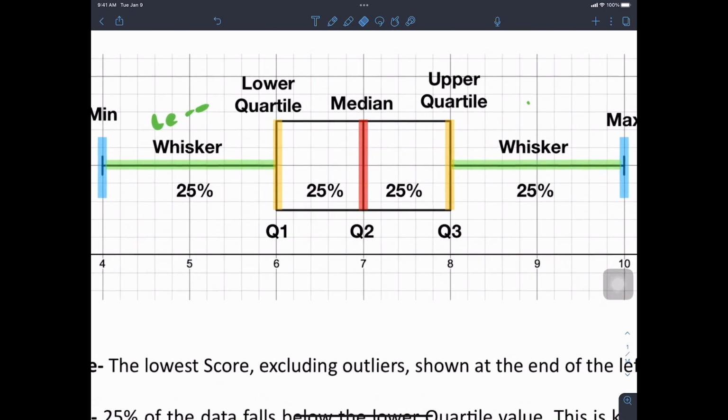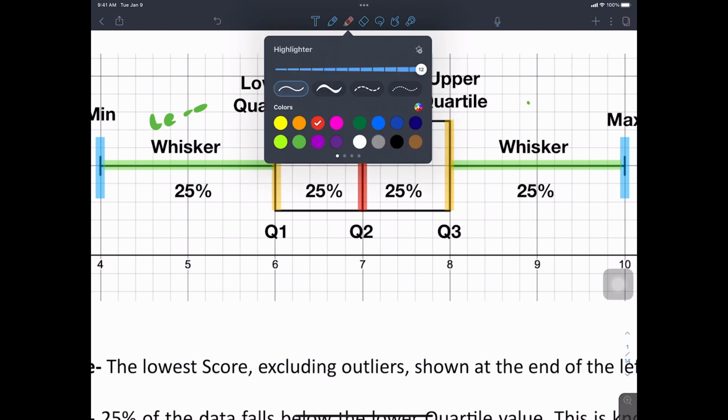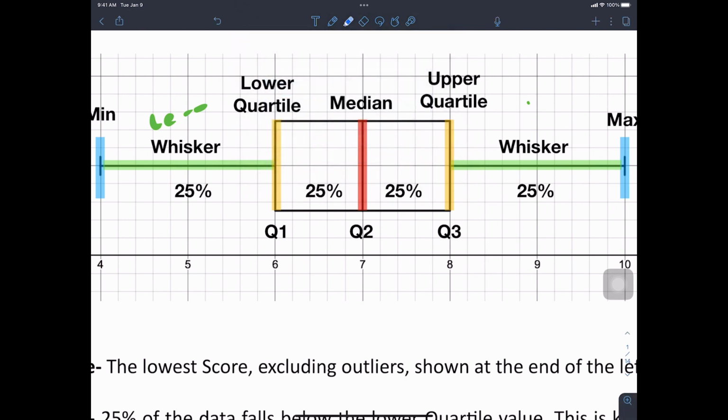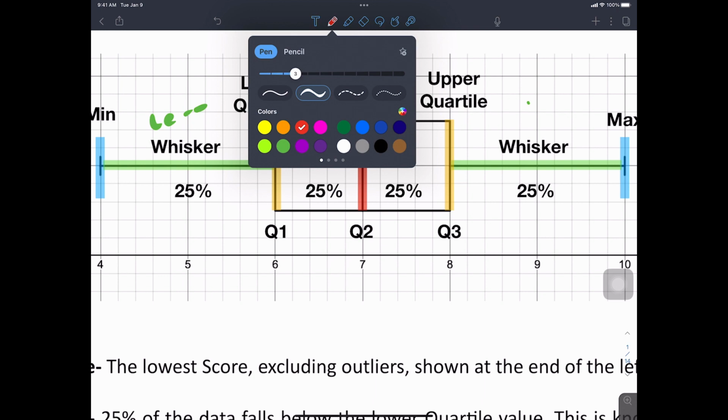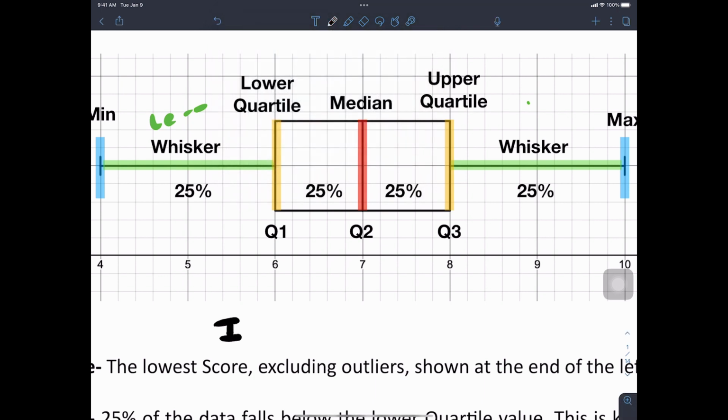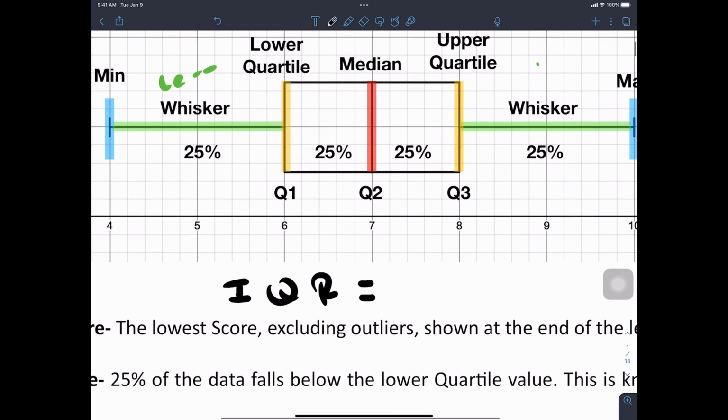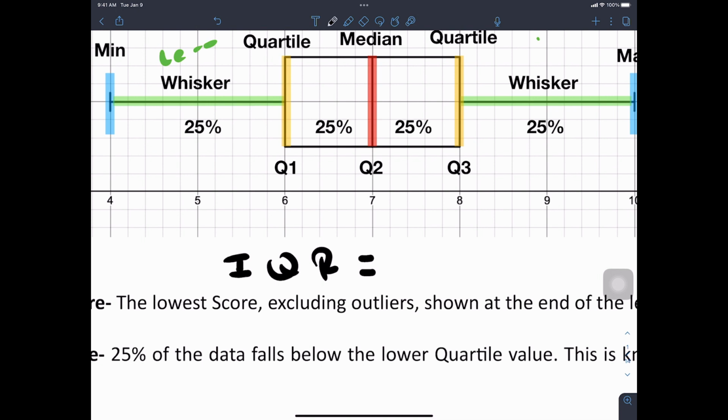IQR. Do you guys remember the definition? Interquartile range, ladies and gentlemen, IQR. What is it in this picture? It's going to be what? Q3 minus Q1.